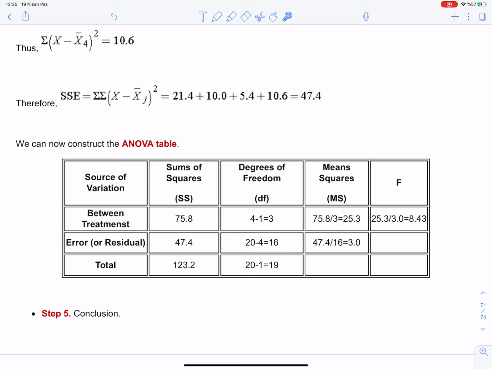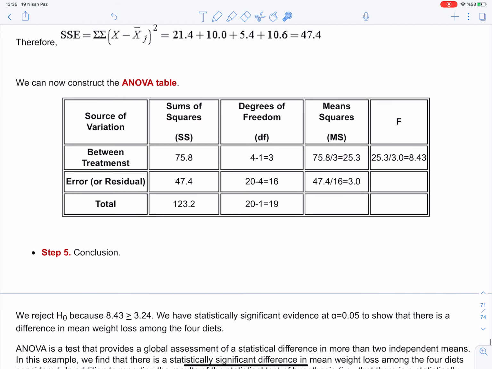And the mean square of error is 47.4 divided by its degree of freedom, which is 16, and you get, rounding to one digit, 3. And the F statistic is the division of 25.3 by 3. That's how you get the F statistic, which is very easy.